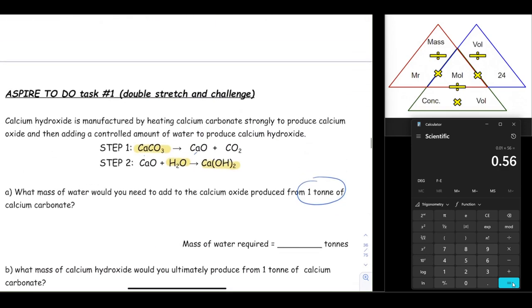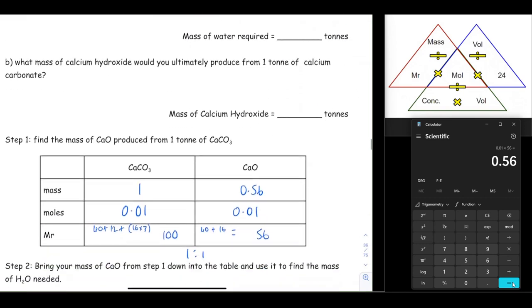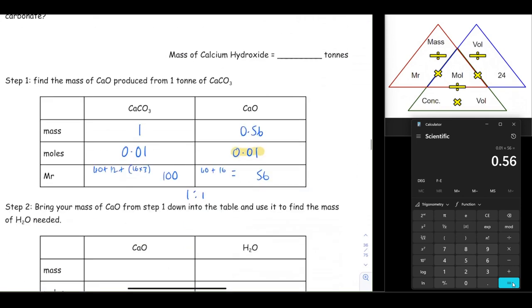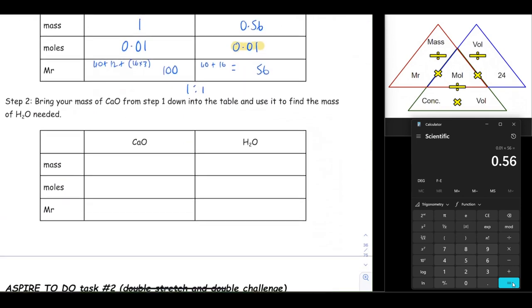Now we know we've got 0.56 tons of this. We know that we've got 0.01 moles. So we could bring either down, it doesn't matter. So in this case, let's bring it all down. We've got 0.56 tons. We've got 0.01 moles. And we're going to assume that we can now react all of our calcium oxide. The Mr is 56. So how many moles of water do we need? Again, it's a 1-to-1 ratio. So we've got 0.01 moles of that.